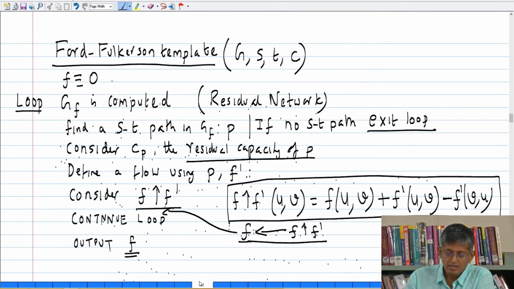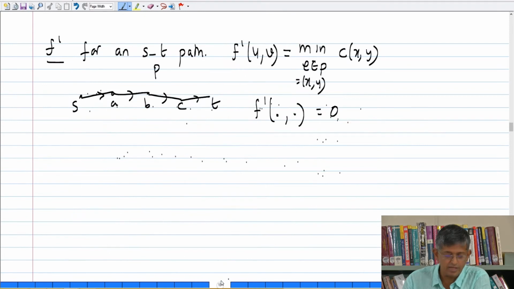Recall the way the augmentation happens per edge. You take the old flow that was in f, add the new flow, and subtract the flow which might have come in the opposite direction. So let me show that to you pictorially.